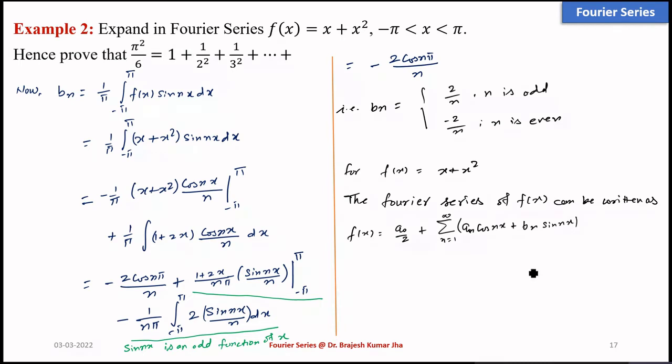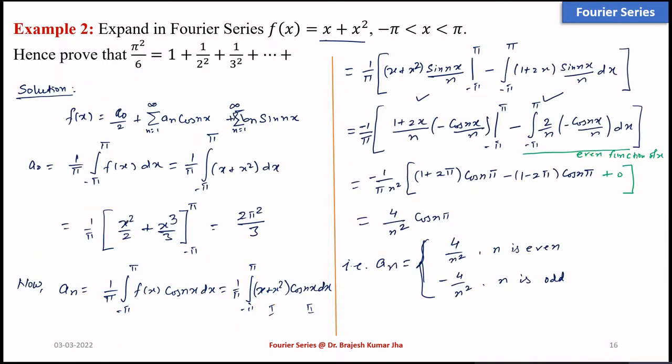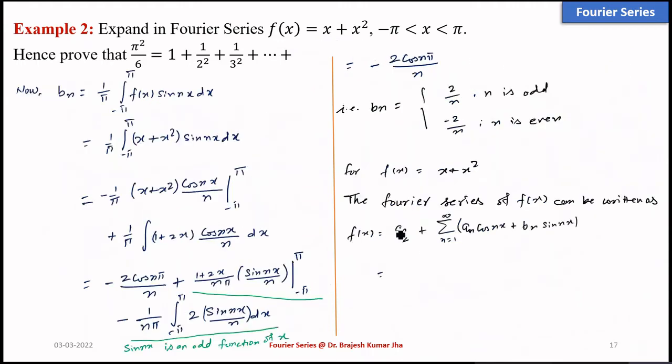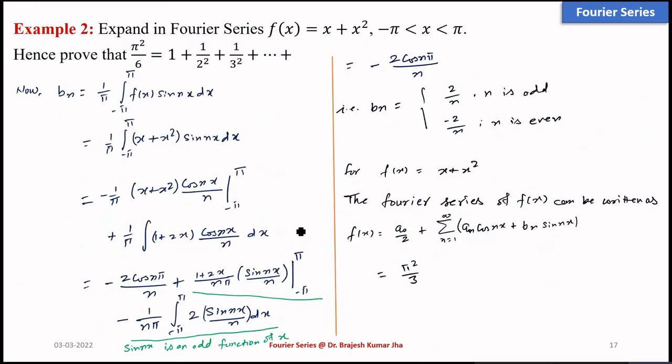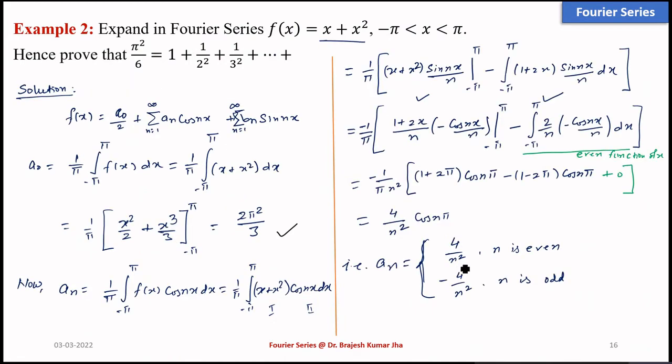The fact is, even and odd is given. So in such condition, a0 by 2, what was the a0? 2 pi square by 3. So it is 2 pi square by 3 divided by 2. So it is only pi square by 3. Plus an. An is what? For even, it is 4 by n square, and for odd, it is minus 4 by n square.